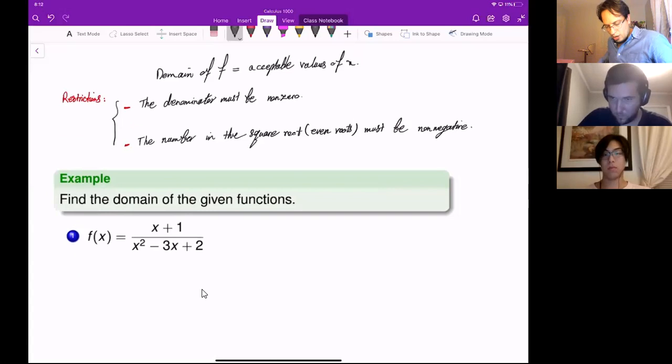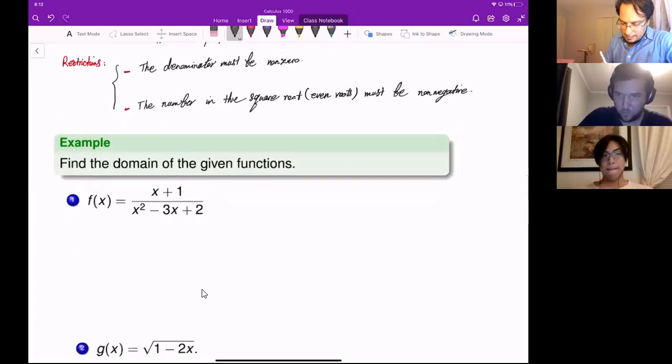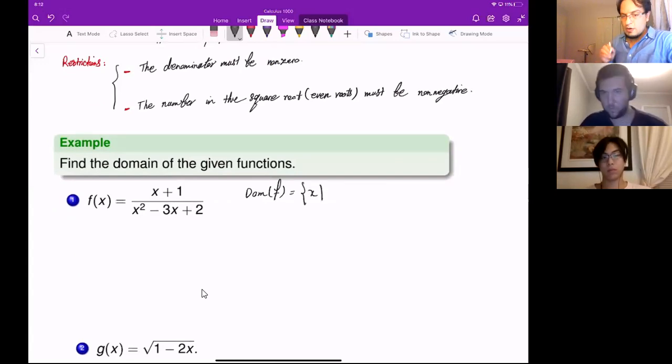For example, here this function is a fraction, so it has a denominator, and we know that the domain should be all values of x such that the denominator is not 0.